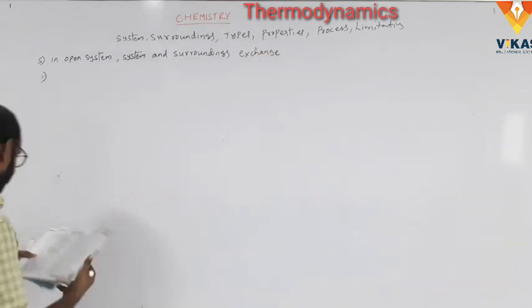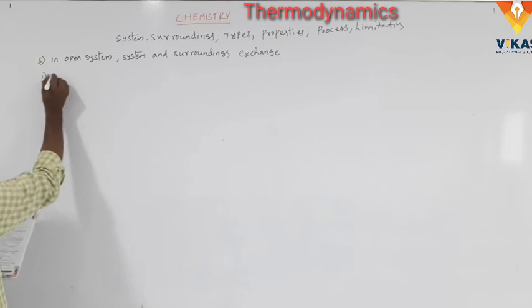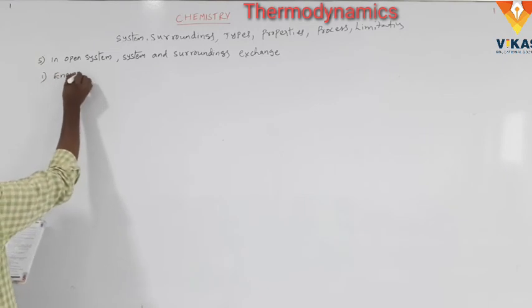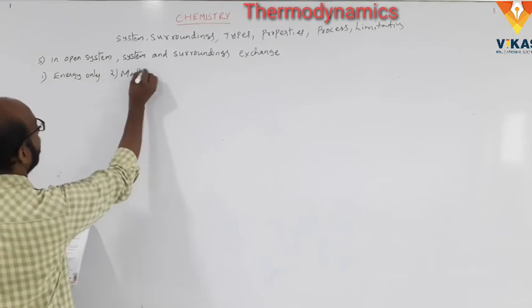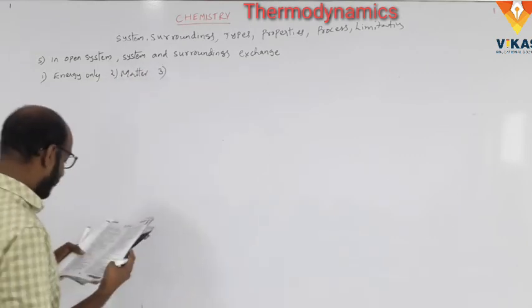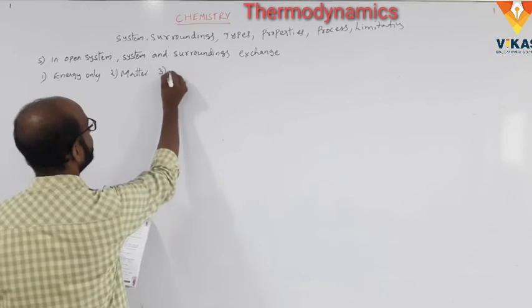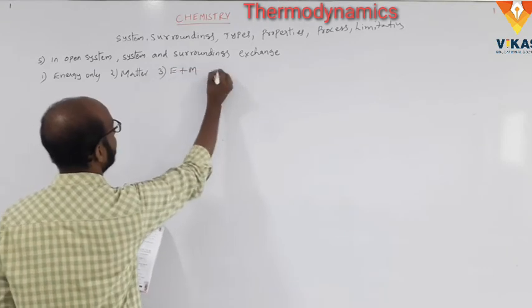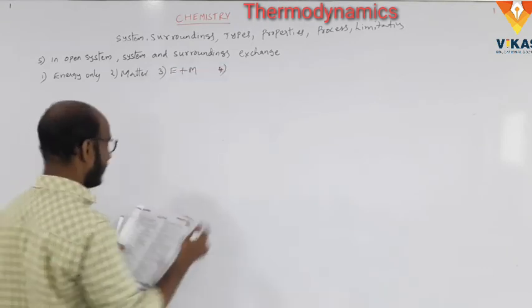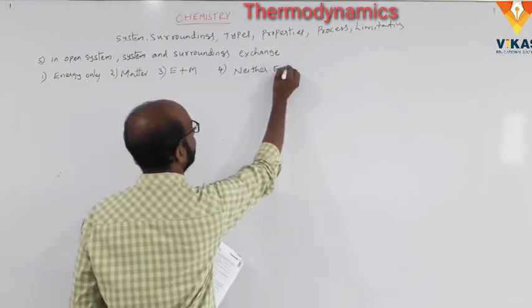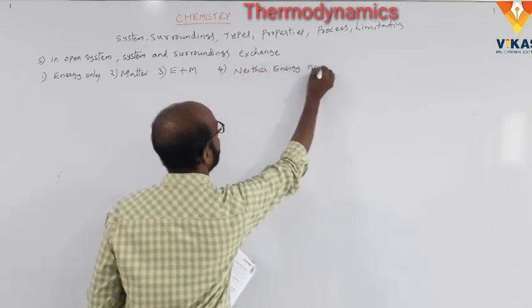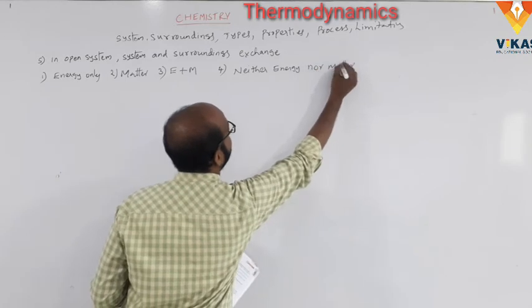Number 1, energy only. Number 2, matter only. Number 3, energy and matter, energy plus matter. And fourth one, neither energy nor matter.